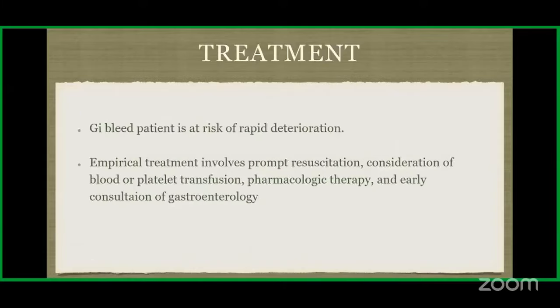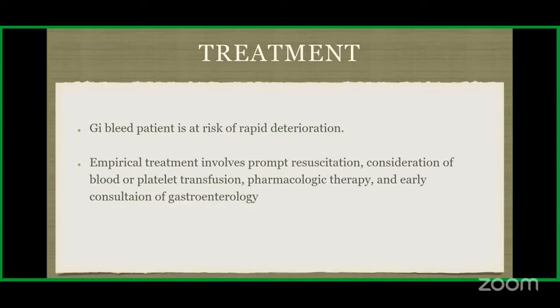Coming to the treatment, a patient with a GI bleed, upper or lower, can go into rapid deterioration because from outside it's difficult to elicit how severe the bleed is until we go with specific imaging and diagnostic tests like endoscopy or colonoscopy.